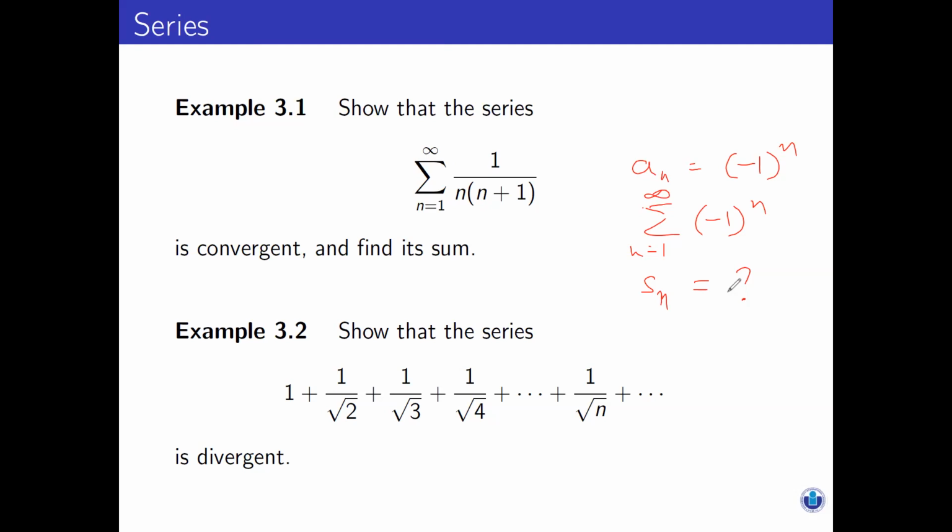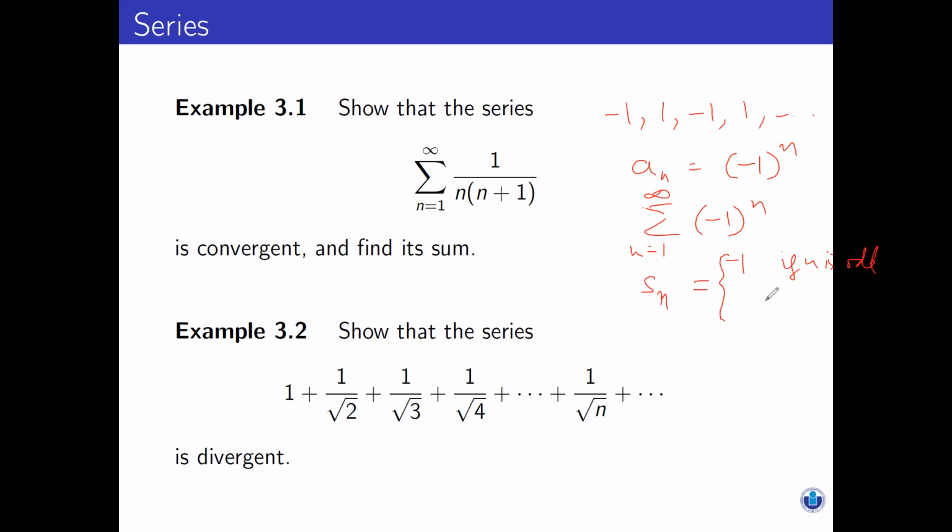Let's see. Yes, it's divergent, and you can find the formula for Sn quite easily. The terms are like this: you start with n equal to 1, so it's minus 1, 1, minus 1. So you can see that Sn is going to be equal to -1 if n is odd, so if n is 1, 3, 5, 7, and so on.